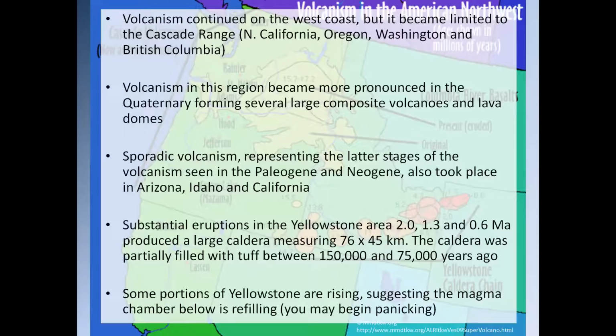Each one of these produced a large caldera measuring about 76 to about 45 kilometers in diameter. The calderas are partially filled with a mixture of tuff, so pyroclastic volcanic rocks, and the most recent caldera is filled with a sequence of tuffs that date from about 150,000 to 75,000 years ago.